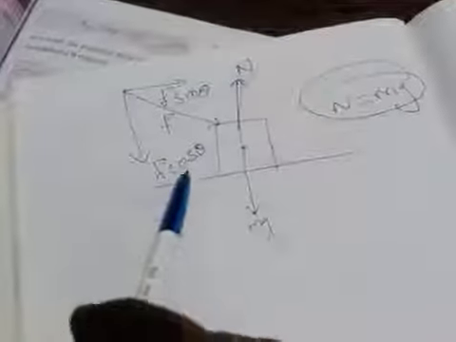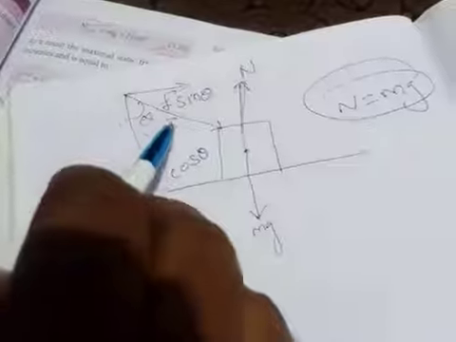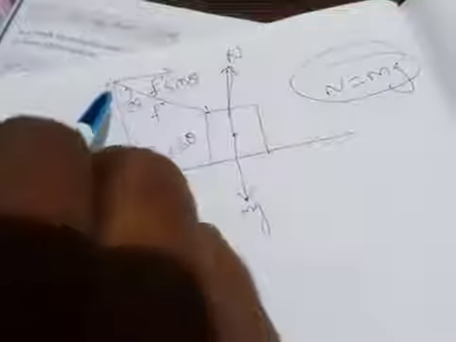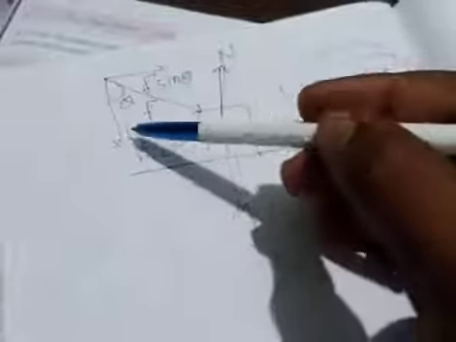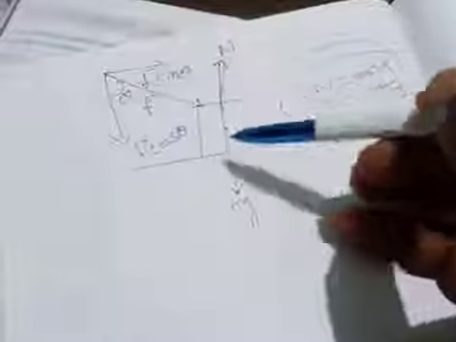So you see, here one force is applied at an angle theta on this object. Now this force is resolved into two components, F cos theta and F sin theta. This F cos theta is a perpendicular component and F sin theta is a parallel component.